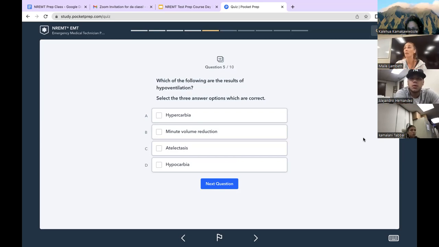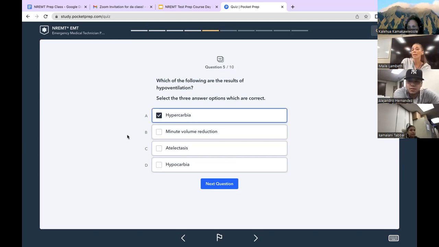It stays in our body because we're not blowing it off at the rate that we're supposed to. That exhalation allows us to blow off CO2, and now we're not exhaling at a good enough rate. So we're keeping that CO2 in there, which means our CO2 level goes up or down? It goes up. So up means what? Hypercarbia.